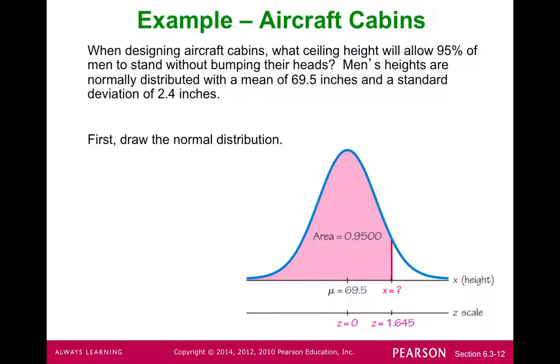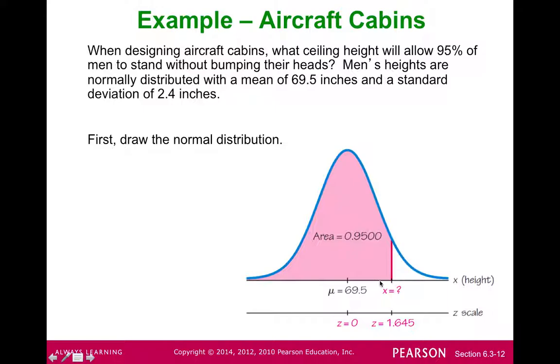So let's draw out just like we have in the past. So we're going to put in an x-axis, put on our curve, and then do some labeling. So our mean without the conversion is 69.5. We know that this is where our x is. We want to know what that x is. What is that height that's going to allow all of the men that fall into this area to be able to stand?